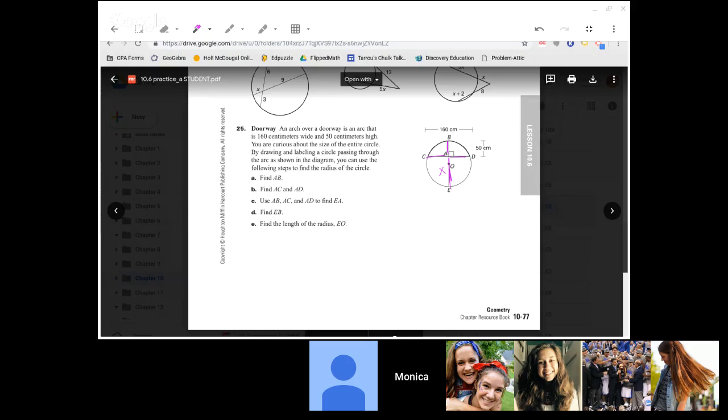You remember we had to take the two parts of that chord, multiply them together, and set that equal to the two parts of the other chord. So for this one, if you got part A and B, make sure and label your picture, and then you should be able to work out C.